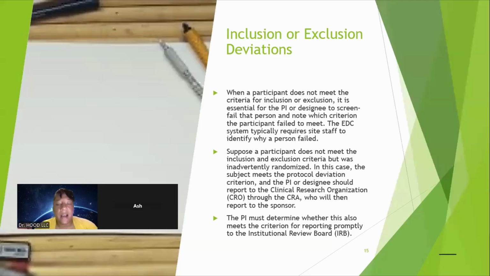But when it's not caught early, there's a lot of blame in that situation. Because the first thing they're going to ask is why the PI overlooked it. So we need to do an explanation, documentation of why the PI overlooked it. We need to investigate what was their inclusion exclusion list, was there actual medical records, or did the patient report?